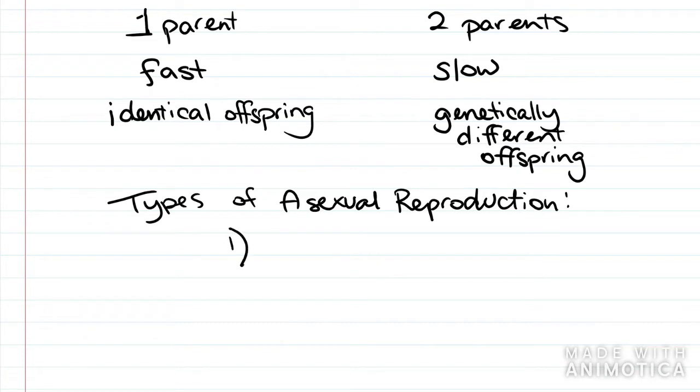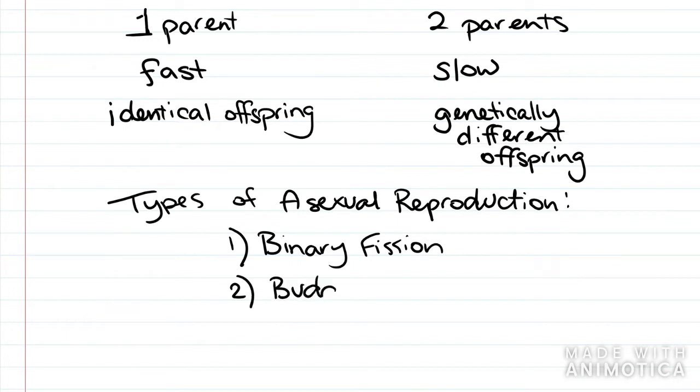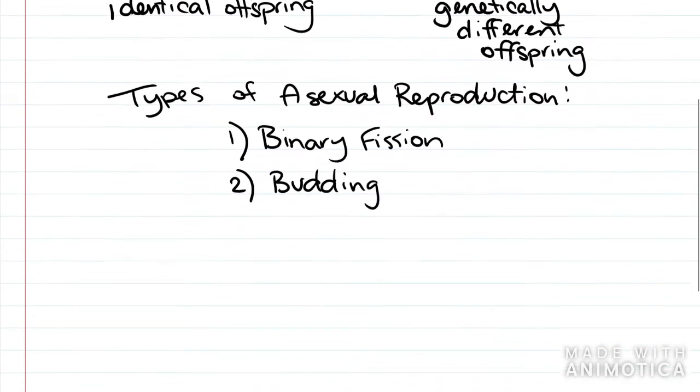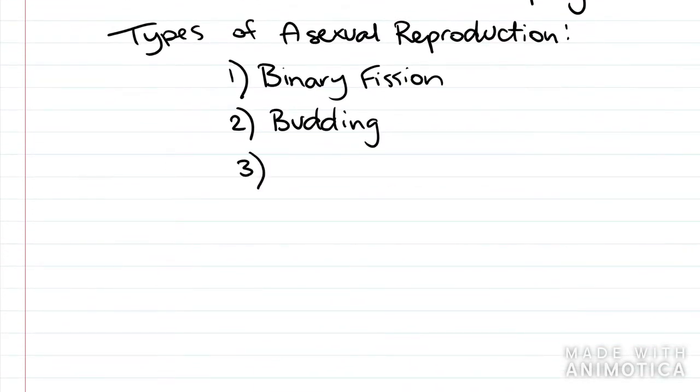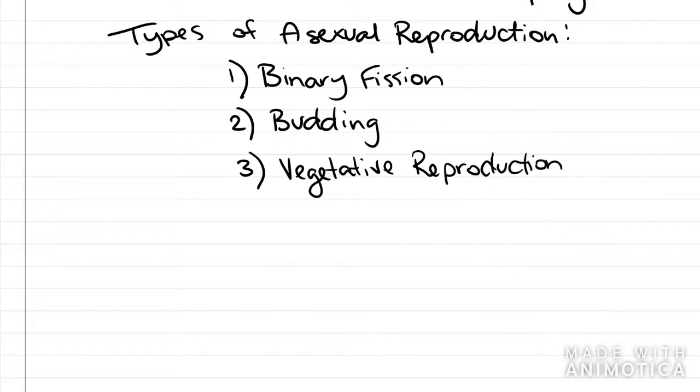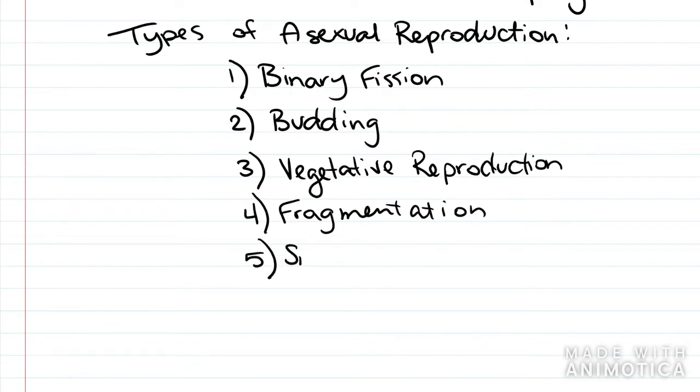And they're going to be binary fission, budding, vegetative reproduction, fragmentation, and spore formation.